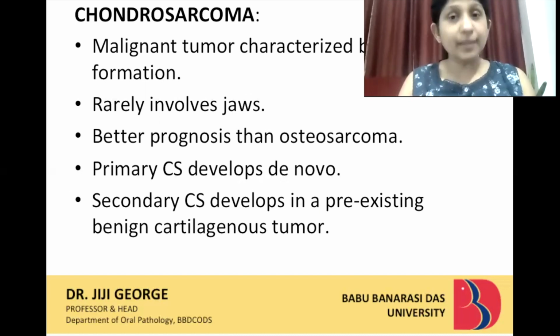Chondroma is the benign tumor of cartilage, and its malignant counterpart is called chondrosarcoma. Because it is a sarcoma, we know that all sarcomas spread through the hematogenous route, that is through the blood vessels, unlike carcinomas which spread through the lymphatic route.